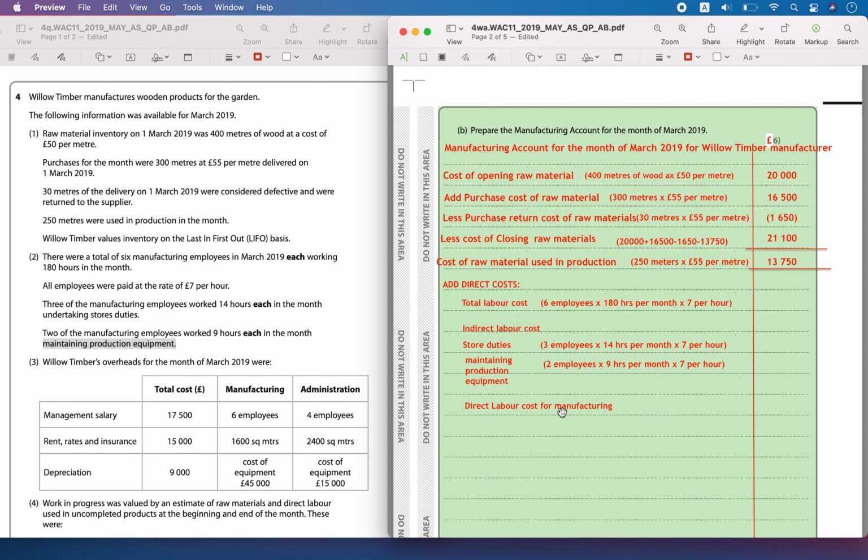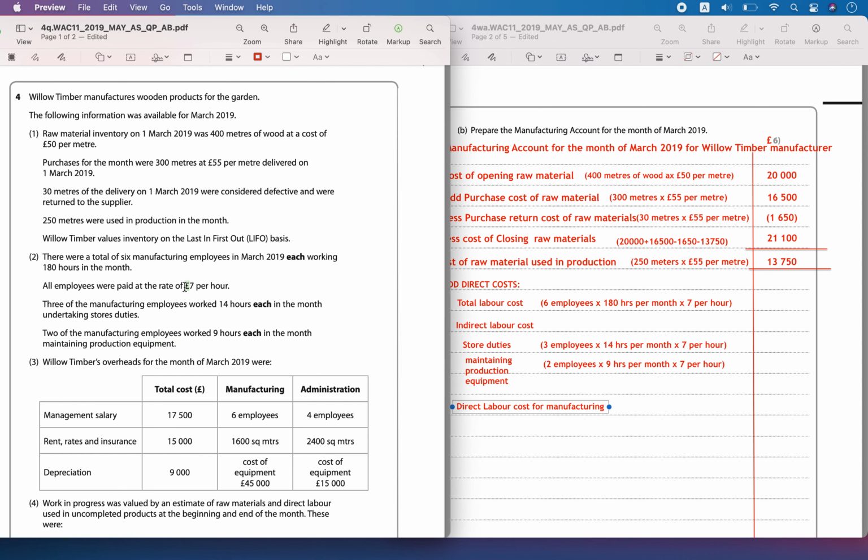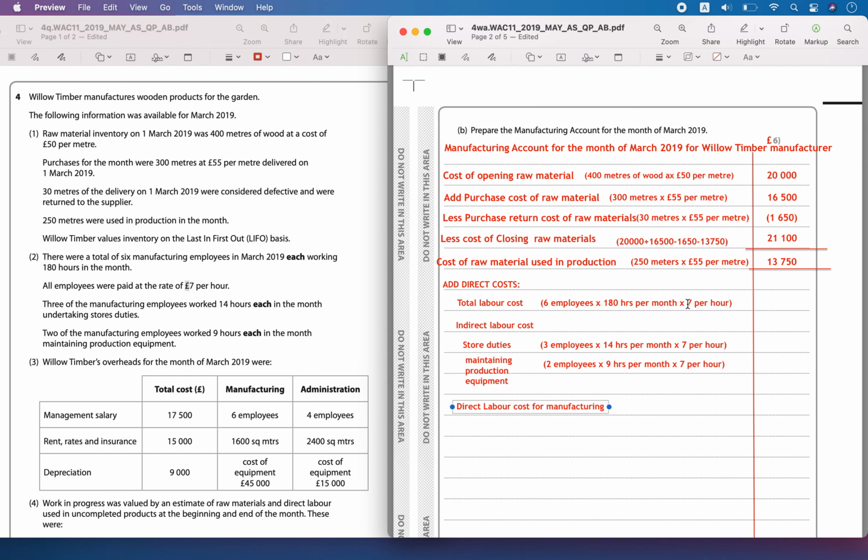Whereas the other costs which are paid for other things are considered as indirect cost but still related to the manufacturing process. So let's multiply 6 into 180 into 7 pounds per hour.